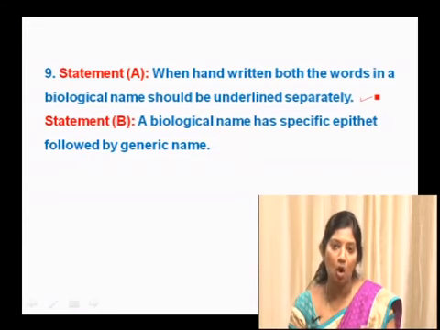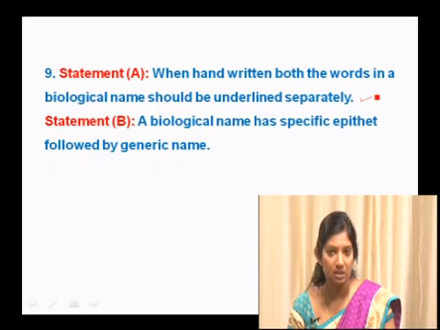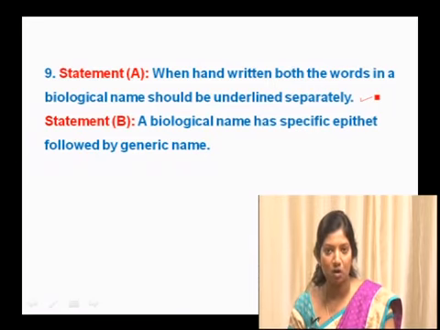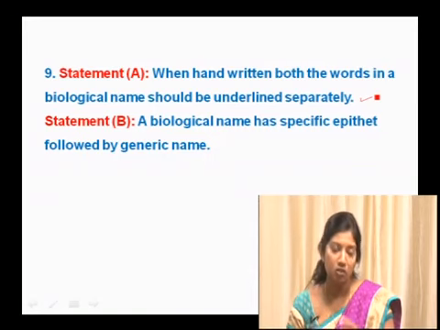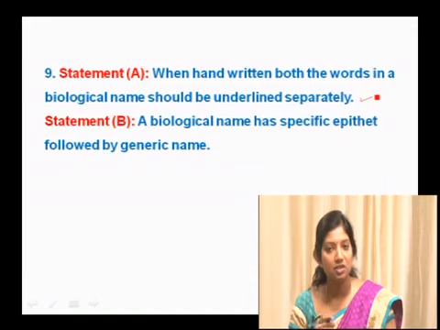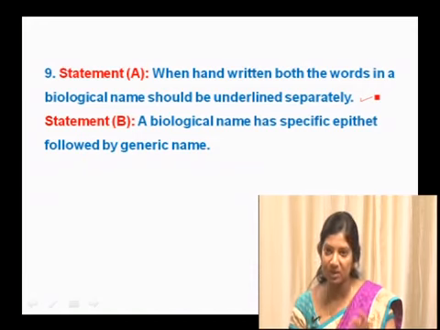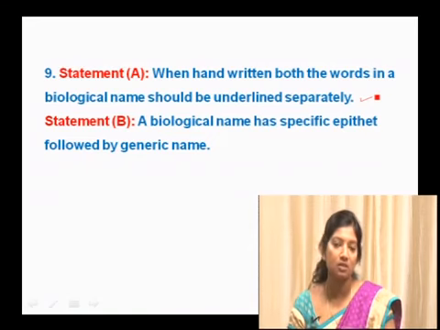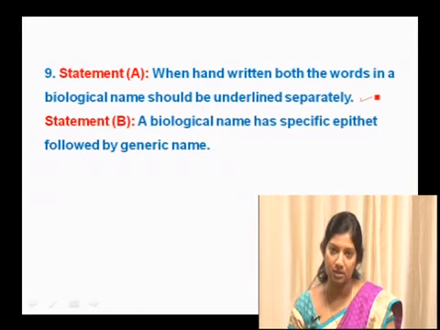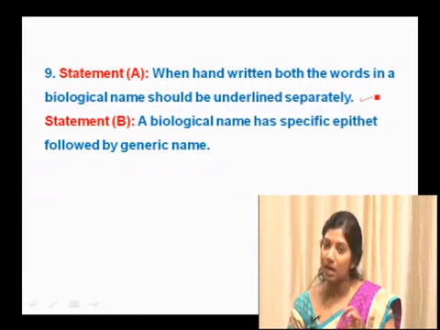The first component is the genus name, and the second one which follows it is the specific epithet or the specific name. The generic name or genus name appears first and it begins with a capital letter. The second name is the species name, which is always written in small letters. You should not begin it with a capital letter.